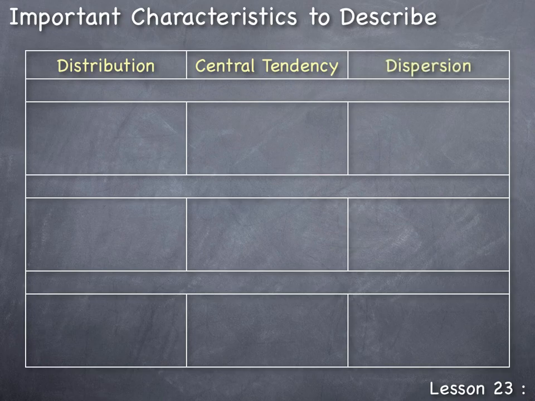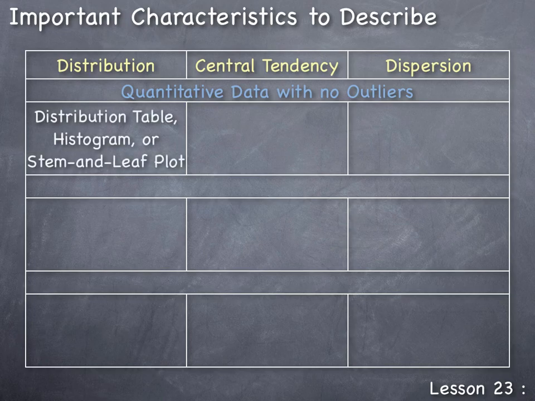Now, if the data includes quantitative data with no outliers, the appropriate graphical methods that will describe the distribution of the data is a distribution table, histogram, or stem and leaf plot. The best measure of central tendency for quantitative data with no outliers is the mean. And the best measure for dispersion of quantitative data with no outliers is the standard deviation.